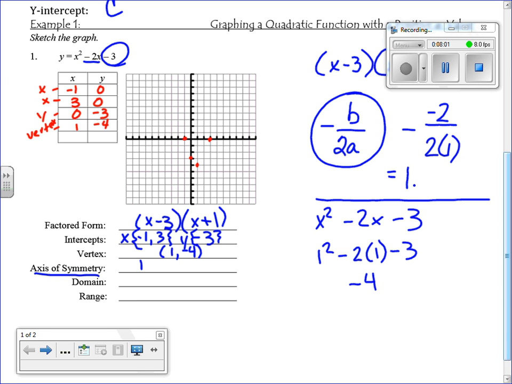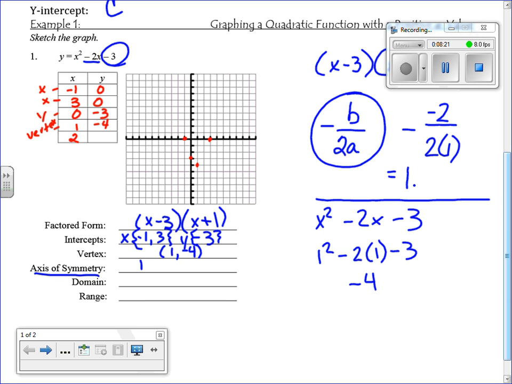Okay, and so finally, let's go ahead and choose another value. Let's put in just say 2.